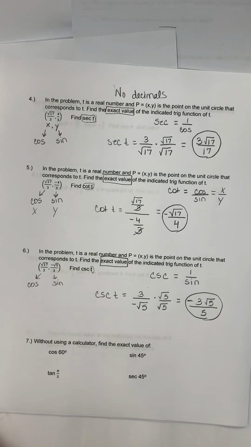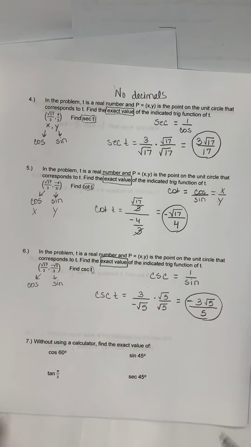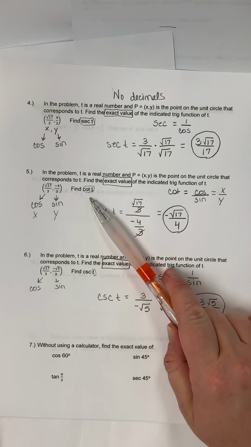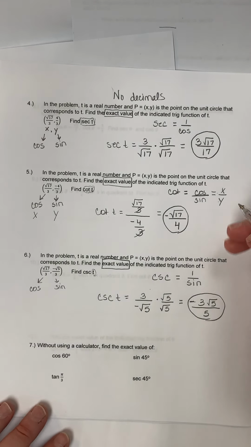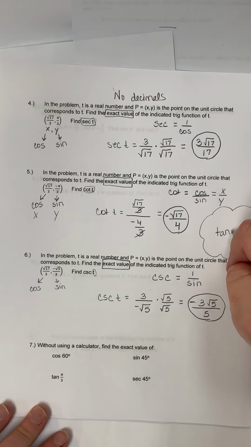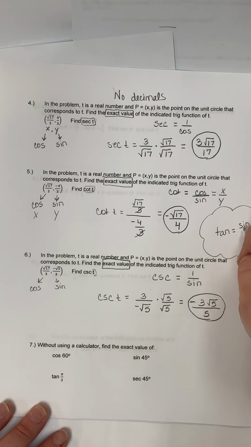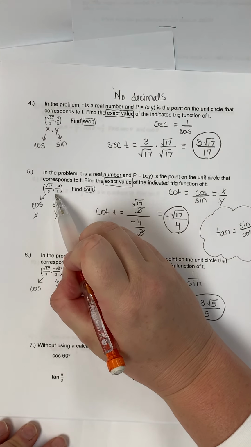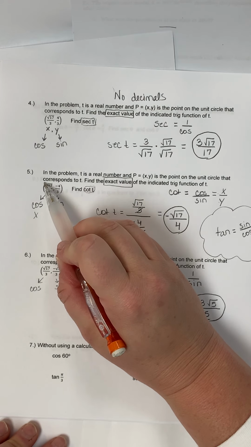And there we go. Okay, so I did 3 of these problems because I wanted to make sure you understood how to do these 3. If this said tangent, in case you were to get one that said tangent, you remember that is sine over cosine. So I would have this in my numerator, this in my denominator.